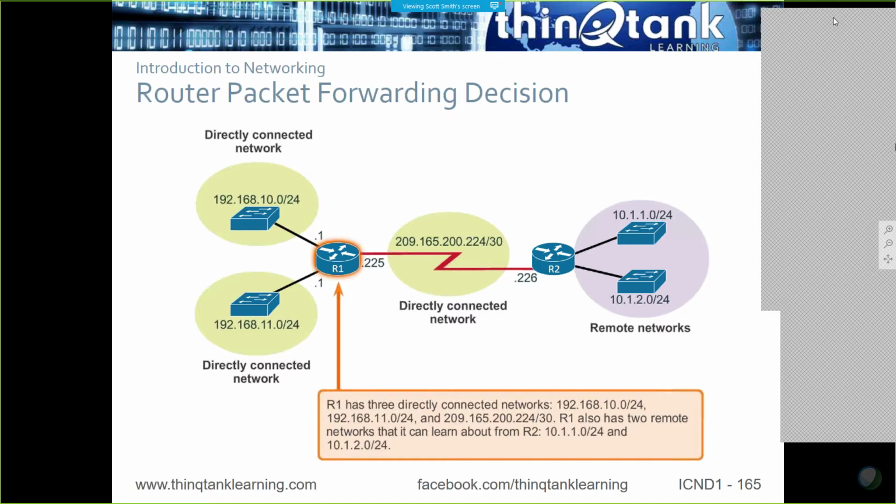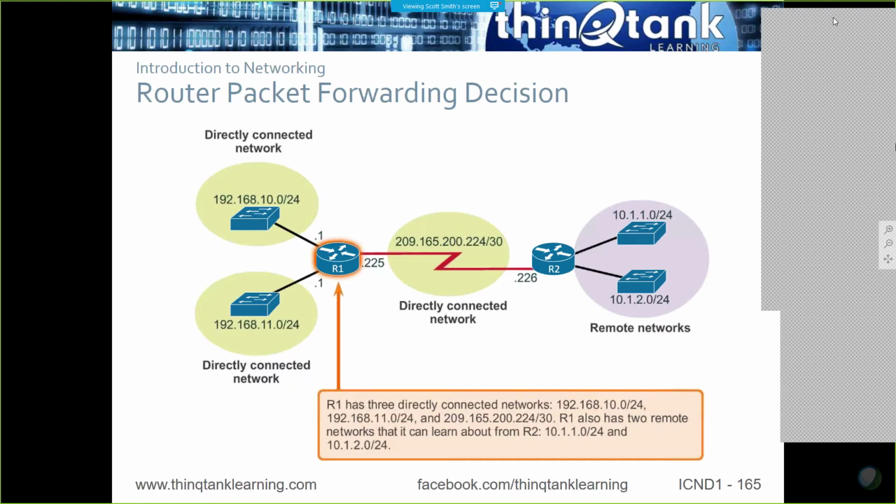So that's what they're talking about in this slide. R1 has 3 directly connected networks, 10.0, 11.0, and the 224 subnet. R1 has 2 remote networks, but before R1 can even think about reaching those remote networks, this serial link has to be active and the router needs to know it exists, right? How does that happen?